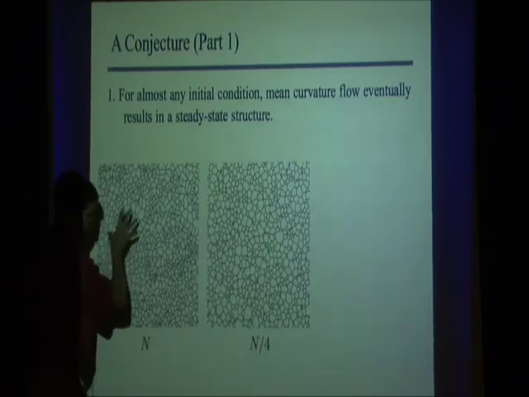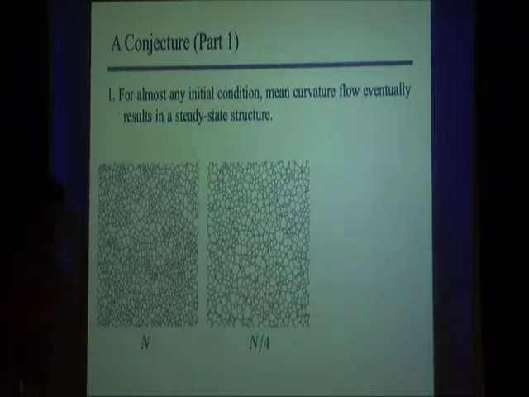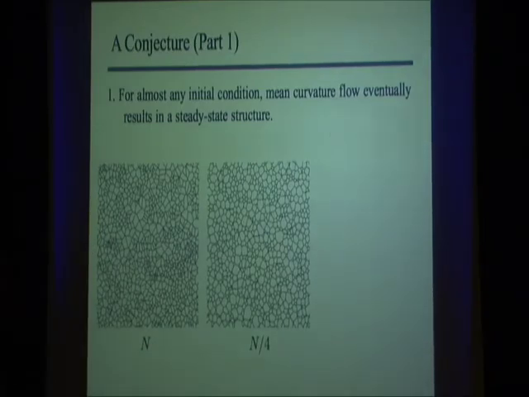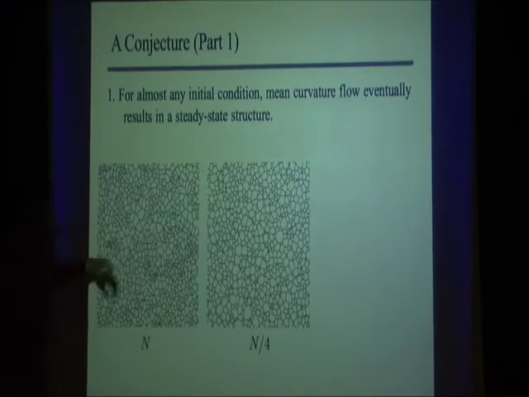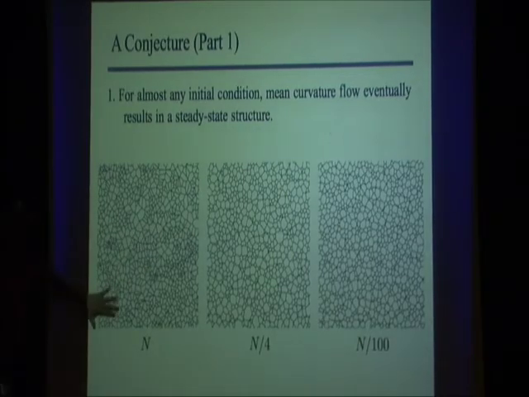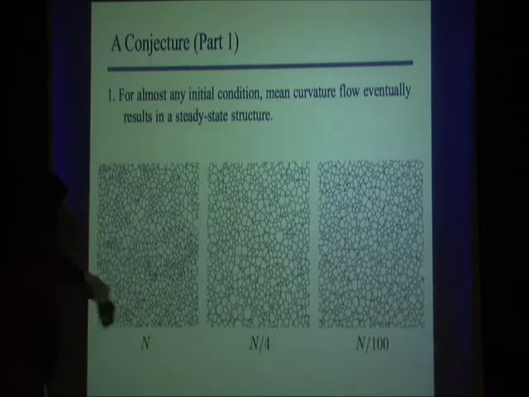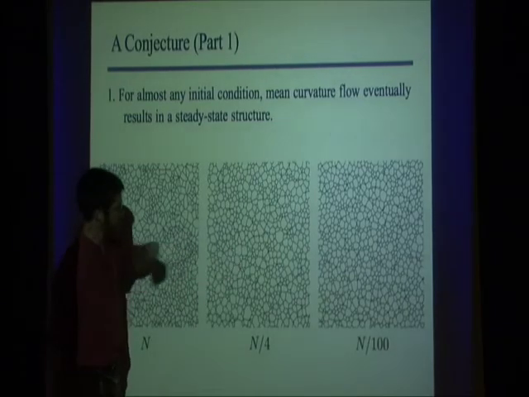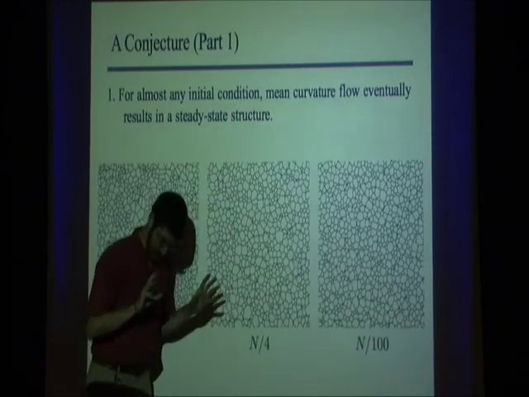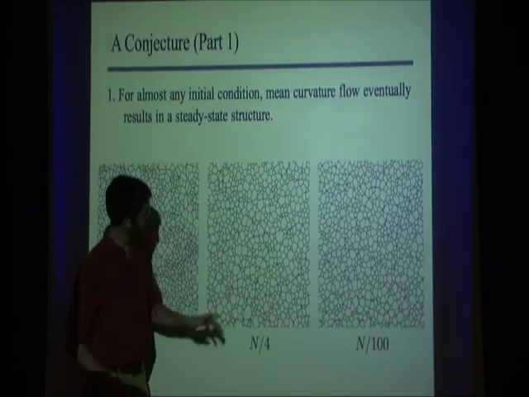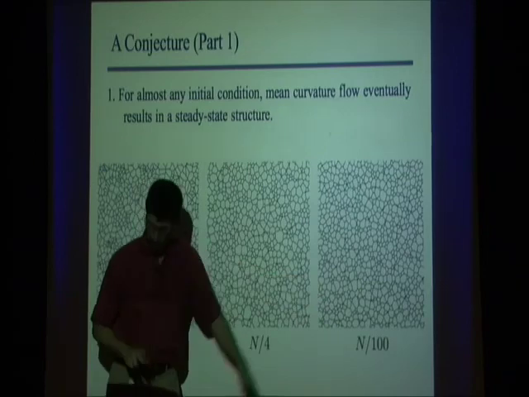I took this structure and I evolved it so only 1/4 of the number of cells remained, and then I rescaled it so that the average cell size was identical. So that's 1/4. This is actually 1/100th. We started this out with 10 million cells. So this is what, 2,500,000, and now we're down to about 100,000, and this is again not precise at all. But you look at these two, and you don't see very much difference.